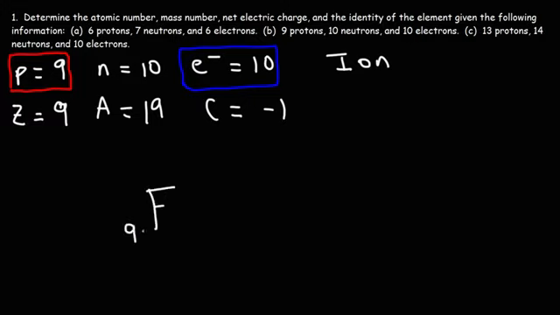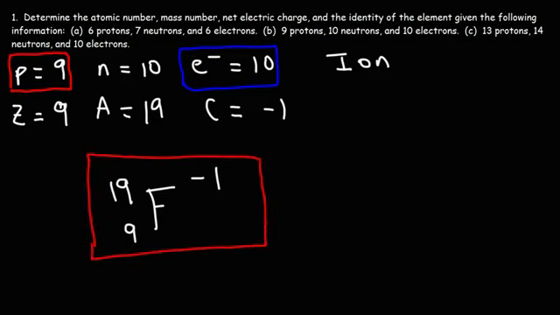Fluorine has an atomic number of 9. And for this one, we're dealing with fluorine-19. It has a mass number of 19. And we have an ion with a charge of -1. So that is the identity of the element. It's fluorine, and we're dealing with the ionic form of fluorine.